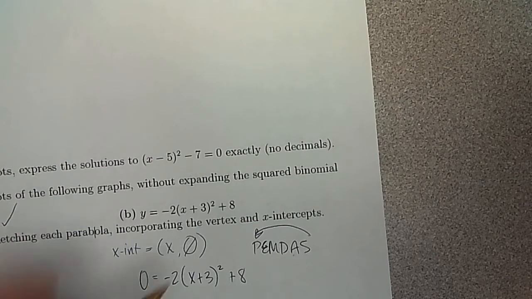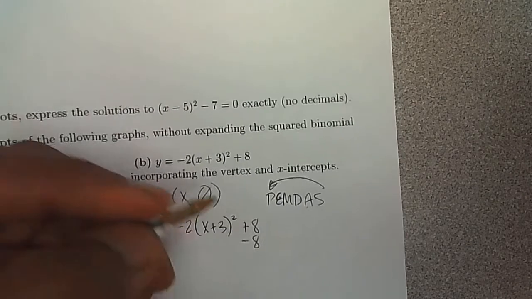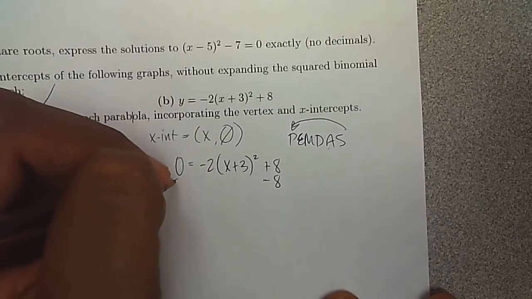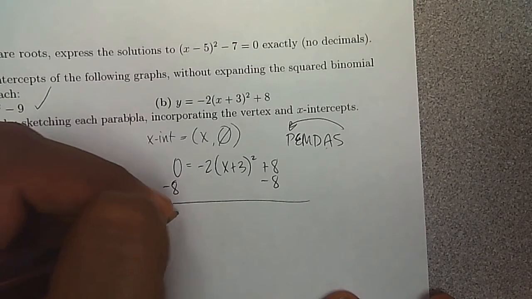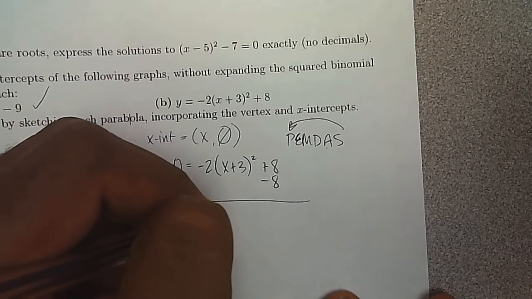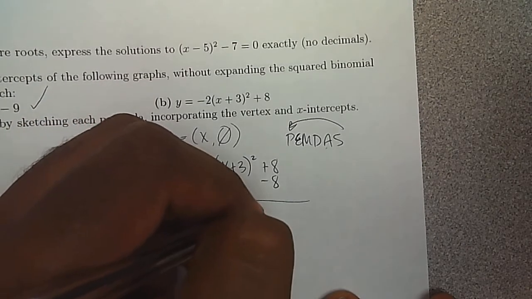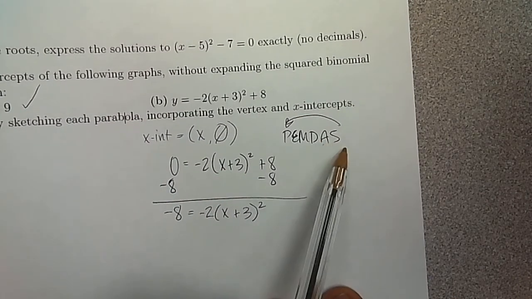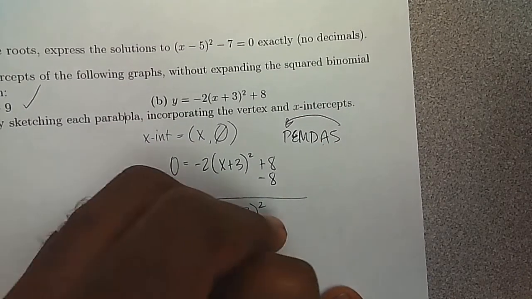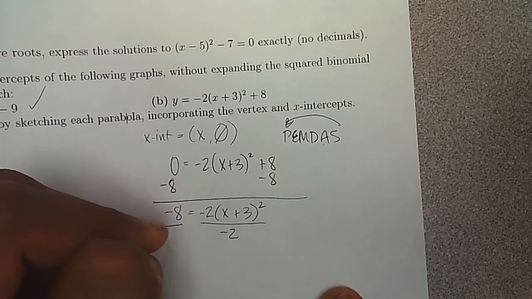I have addition. The opposite of adding is to subtract. Ooh, tricky. So negative 8 equals negative 2 times the sum of x and 3 squared. I don't have any addition or subtraction, but I have multiplication. The inverse of multiplying is division.